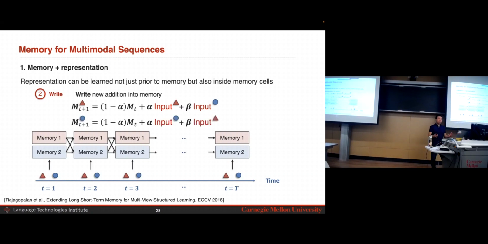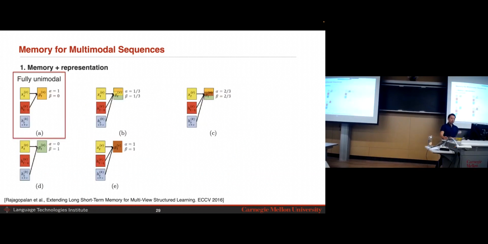Likewise, I can do something parallel for the other modality: the blue memory at t+1 is a function of itself, alpha times the input for blue, and beta times the input for red. With different settings for alpha and beta, you get different parameterizations of multimodal memory. If alpha is 1 and beta is 0, I'm only interjecting memory information from the same modality.